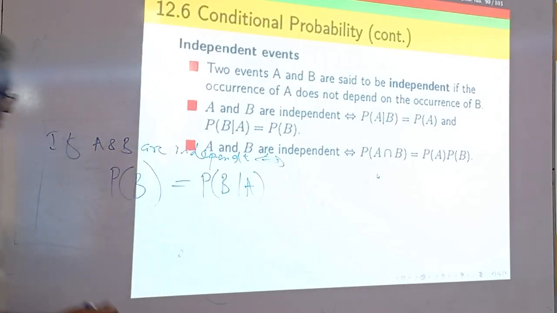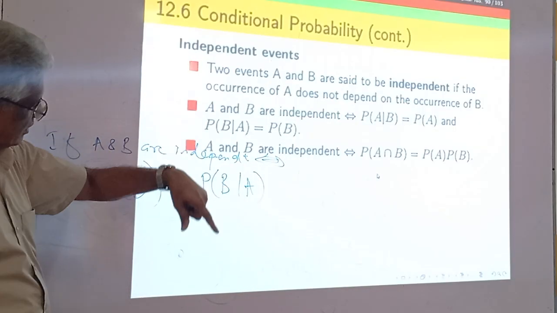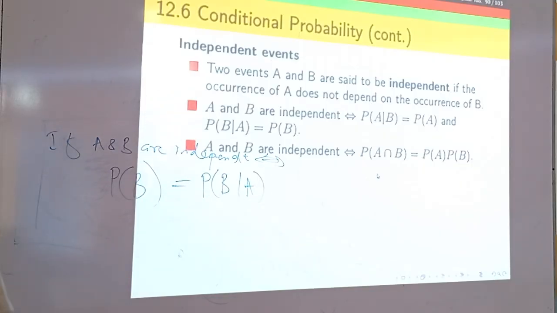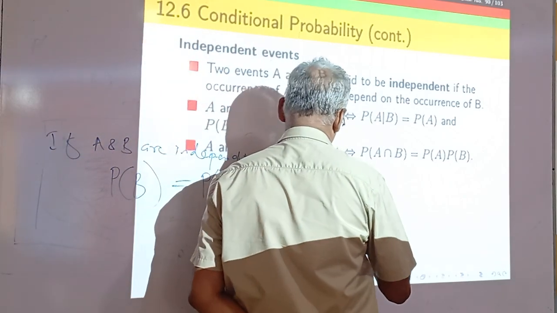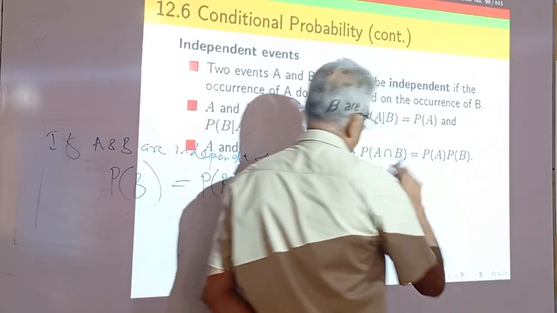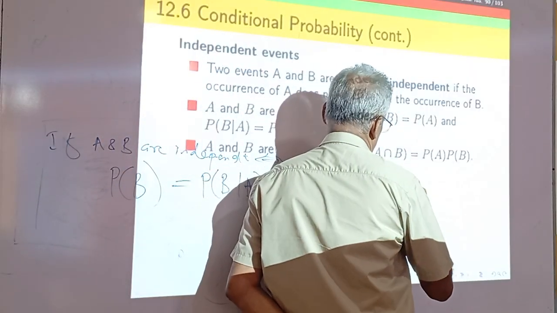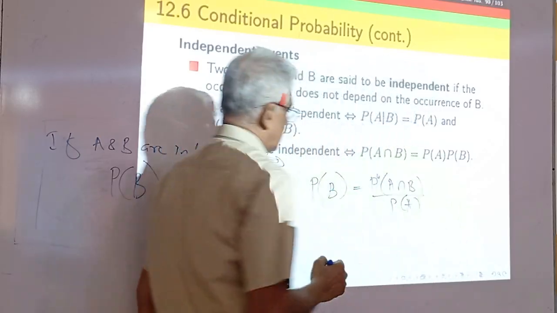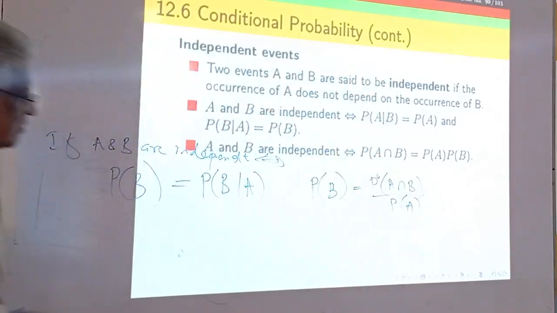This goes both ways, right? If this happens, we say A and B are independent. On the other hand, if A and B are independent, then these are the same. So what does it mean? Probability of B is the same as probability of B given A, but B given A, by the definition, is equal to probability of A intersection B divided by probability of A. That is coming from the definition.